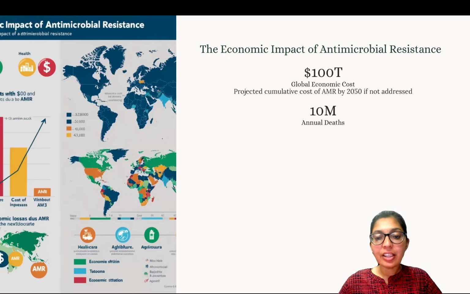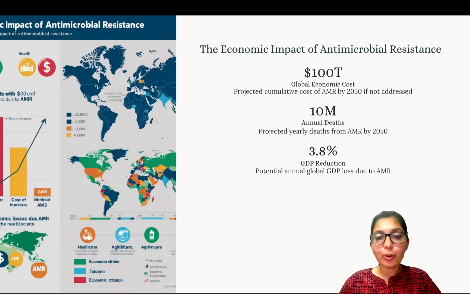Then 10 million annual deaths due to antibiotic resistance by 2050. 3.8% GDP reduction: potential annual GDP loss due to antimicrobial resistance. $40 billion healthcare cost: annual additional healthcare expenditure in the US alone. Remaining other countries are on the side. This cost is of the US only.